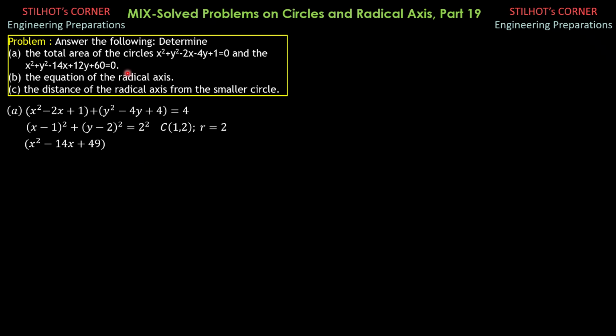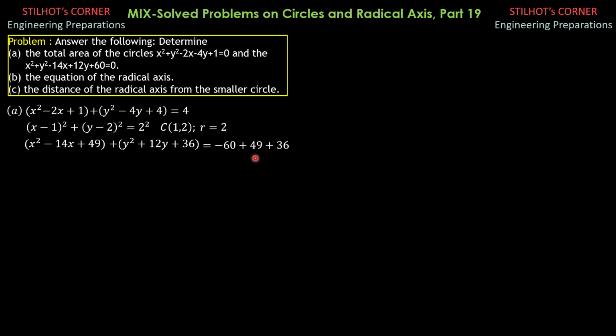For the second circle, quantity x squared minus 14x, half of negative 14 is negative 7, and negative 7 squared is 49, plus quantity y squared plus 12y plus 36, because half of 12 is 6 and 6 squared is 36, equals negative 60 plus 49 plus 36.